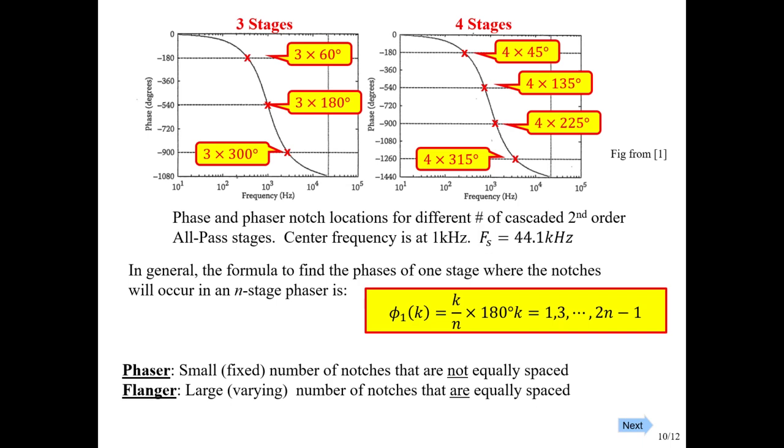Whereas the flanger has a large number of notches, and that number varies as you change the delay, because that makes the notches either closer together or farther apart, but you have to have them equally spaced over the entire range of frequencies being processed. So that's the big difference. They sound similar because you've got sweeping notches, but they sound different because of these different features.